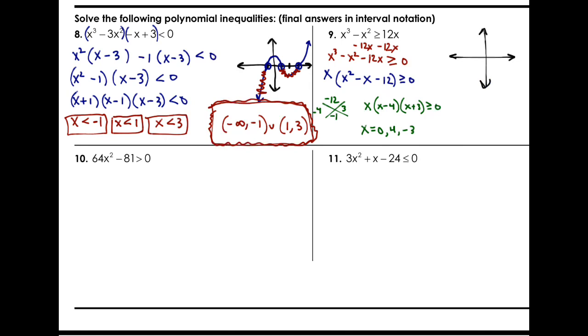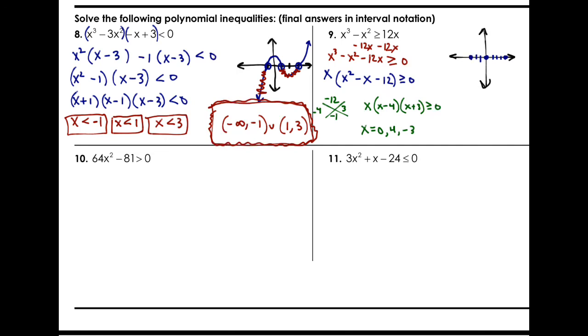We see that our sign is greater than or equal to, so they're going to be solid points. And we know we're going to have one at 0, one at 4, and one at negative 3.